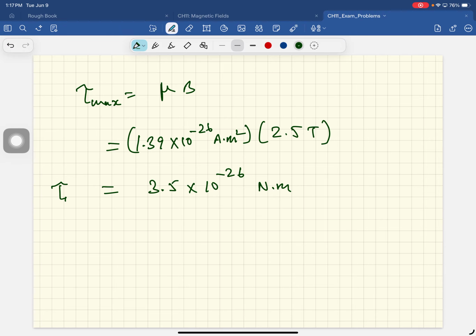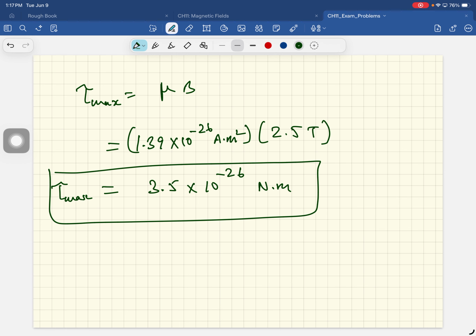So it becomes negative at the right time and so on, or twice that frequency.